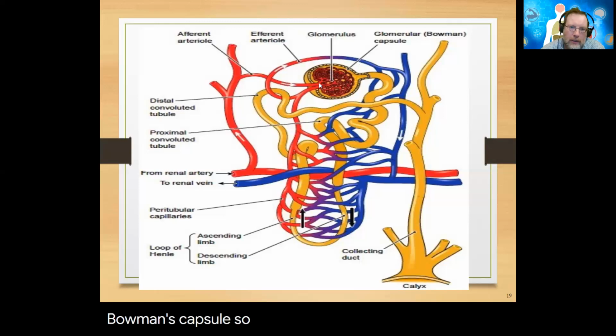As the blood leaves that Bowman's capsule, we have what we call the efferent arteriole.